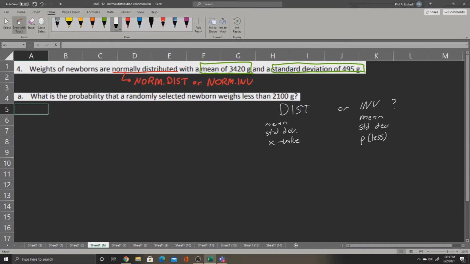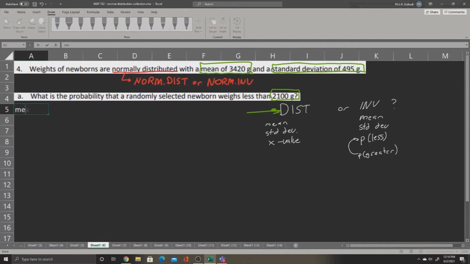If we don't have a probability that's less, but instead have a probability that's greater, we'll first need to change probability of being greater into less before we can continue. But now when we look at question A, we see that we have a value of 2,100 grams. That is not a probability, that is an x value, which means we'll be using Norm.dist this time.